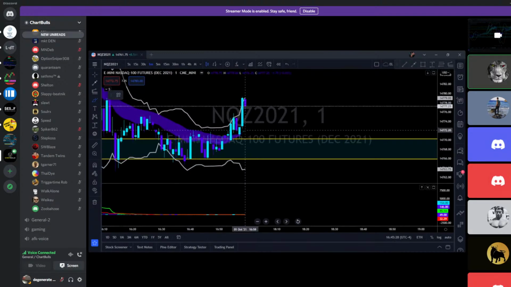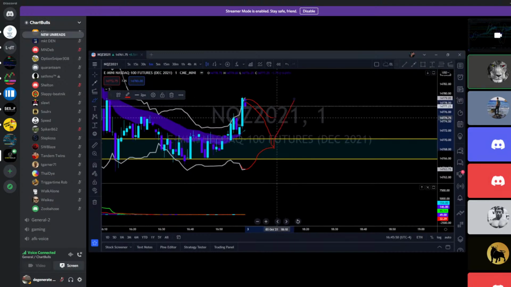Well, we know the cloud's supporting the color, right? The upward momentum now. So what you would want to do is you'd want to see this Bollinger Band kind of do something like this. Maybe something like this. And you'd want to see price come down here and puncture that Bollinger Band and take back off, right? And then the Bollinger Bands open back up.